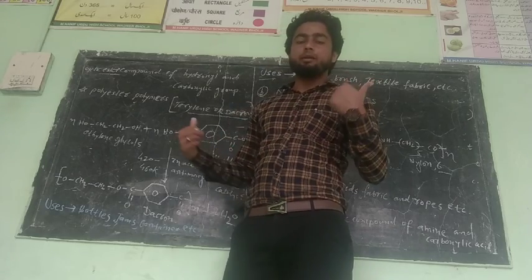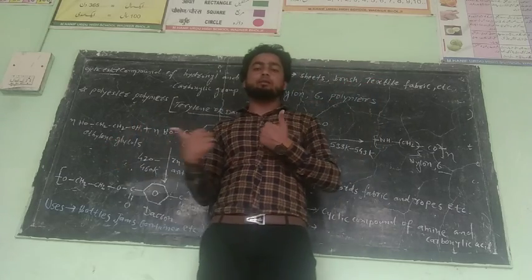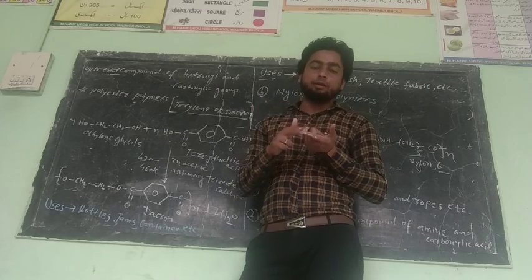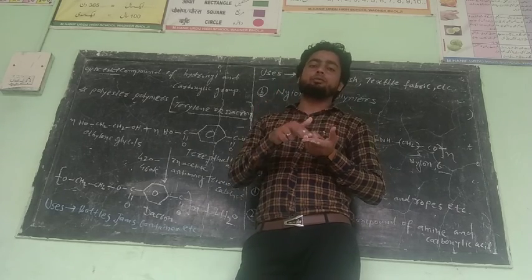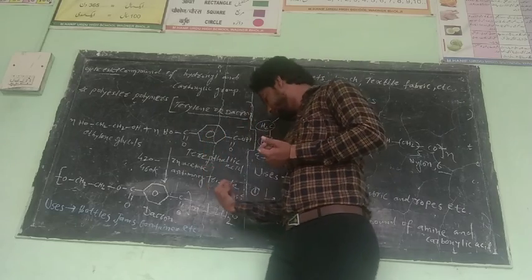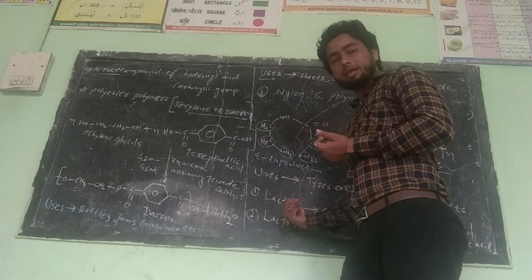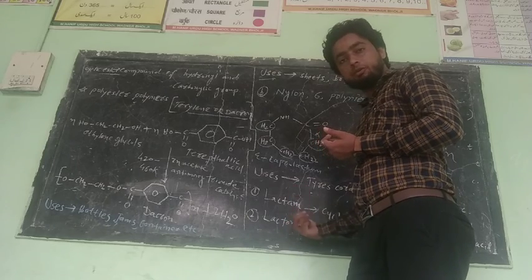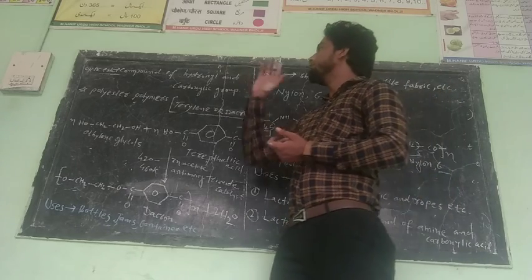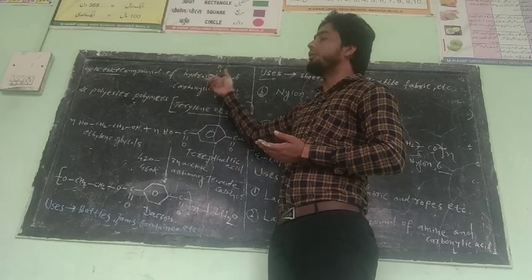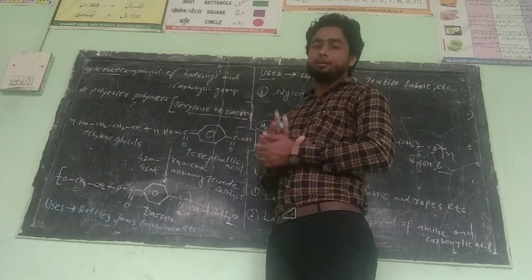What is common in both, beta? Lactam and lactone, what is common? Carboxylic group. If a compound contains a carboxylic group as well as an amine group, it is called a lactam, and the compound which contains an ester of a carboxylic group as well as a hydroxyl group is called a lactone.